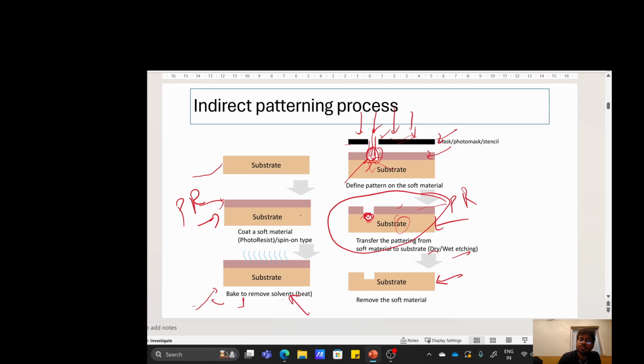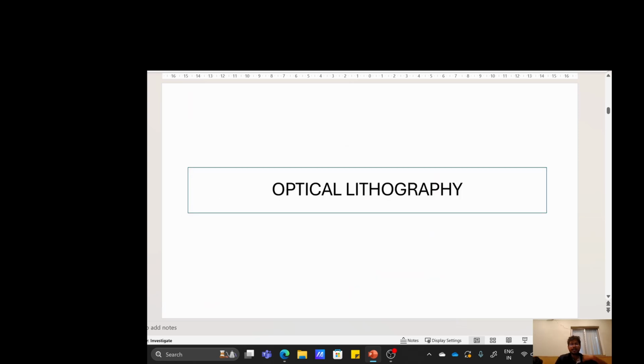Finally we will remove the photoresist and we will get this kind of pattern transferred. So indirectly we did this. We are not going directly from this step to this step. Indirectly, we are first transferring our pattern to the photoresist, and then transferring our pattern to the substrate. So let's see the optical lithography.